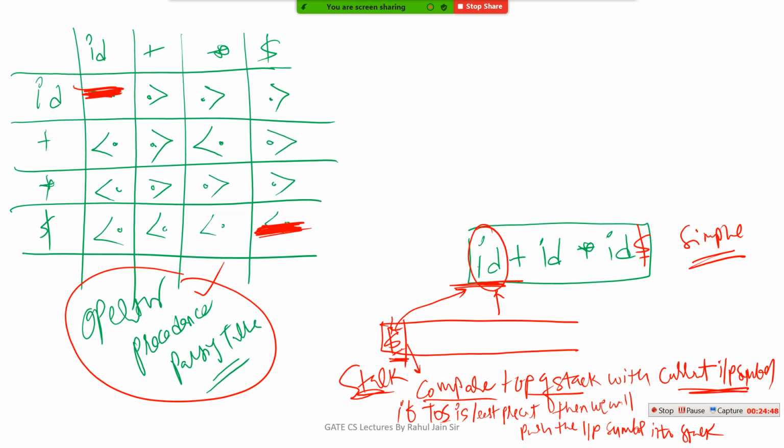Top of stack is dollar, it is less precedence than ID, because ID has higher precedence and dollar has least precedence.